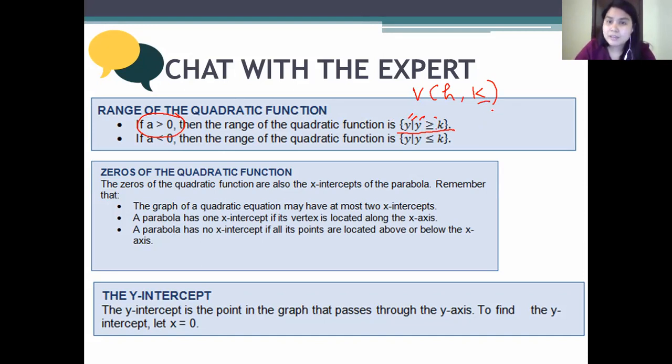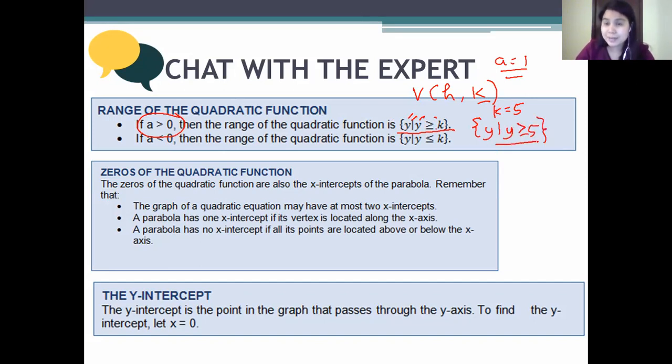Example, if your k is 5 and your a is 1, it means it's positive, then our range will be y such that y is greater than or equal to 5.